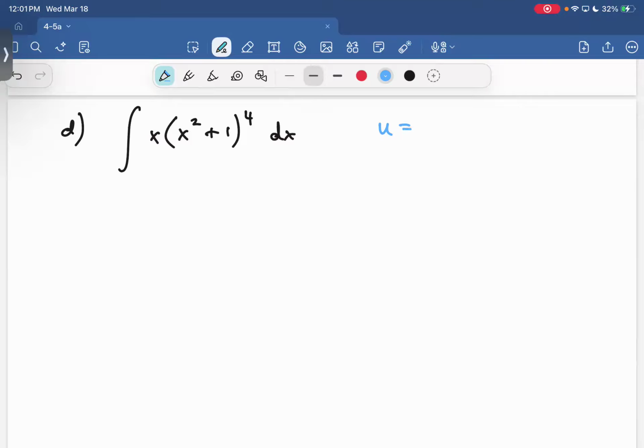In this case, I'm going to choose u equals x squared plus 1. Why do I want that? Because I know the derivative of u will be 2 times x, and that will cancel out this x in front of here.